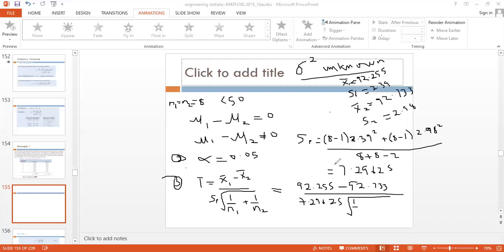Please find the square root. Prince, did you find the square root of your answer here? No, sir. This is squared, so you have to find the square root of it. All right, sir. Okay, so the square root of it is 2.7011. So 2.7011 here, times the square root of 1 over n1, which is 8, plus 1 over 8. So do the calculation for these two and give me the answer.